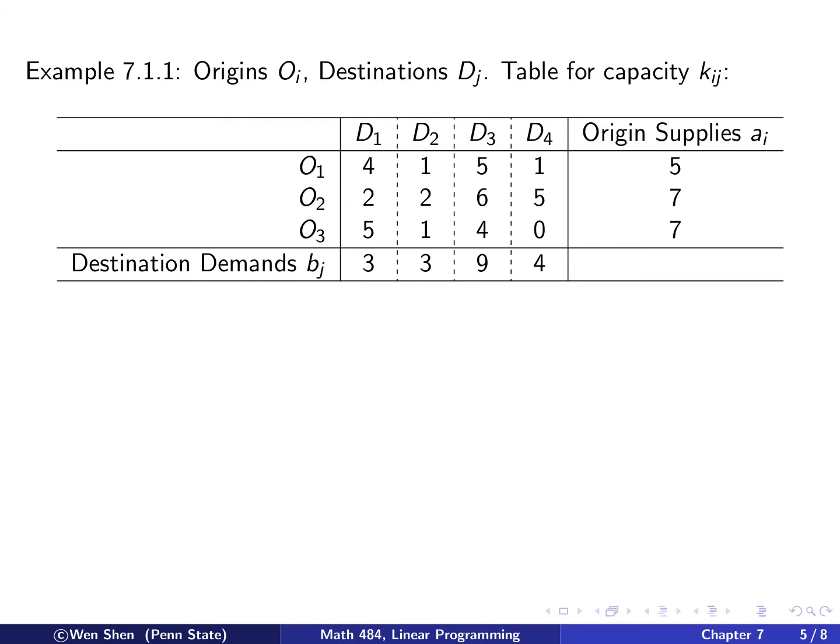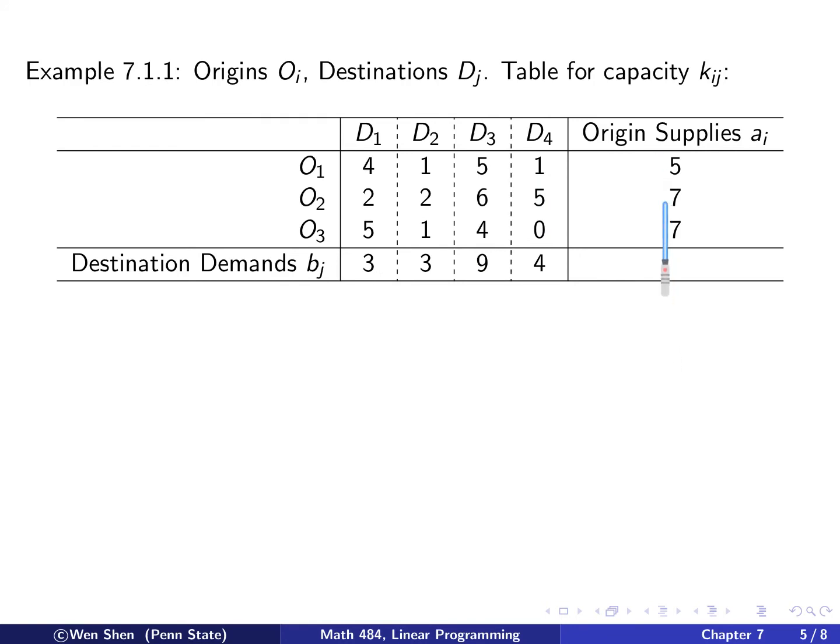What's in here is Kij, say this is K11, shipping from origin 1 to destination 1. This will be K12, shipping from origin 1 to destination 2, the capacity allowed. And then this will be the capacity for shipping from origin 1 to destination 3, and so on and so forth. So this block here is the capacity.